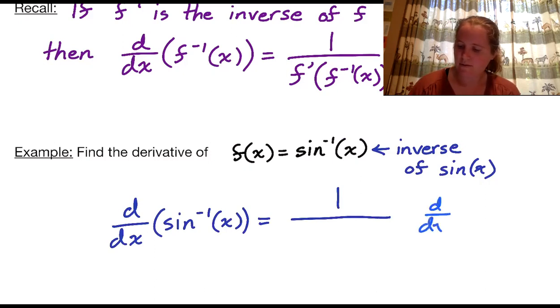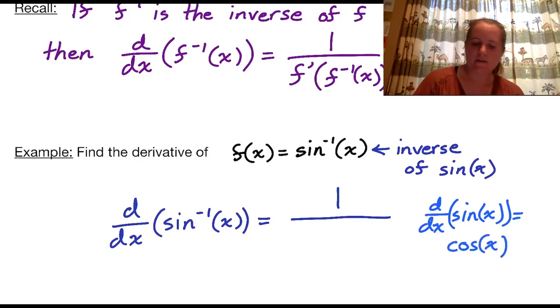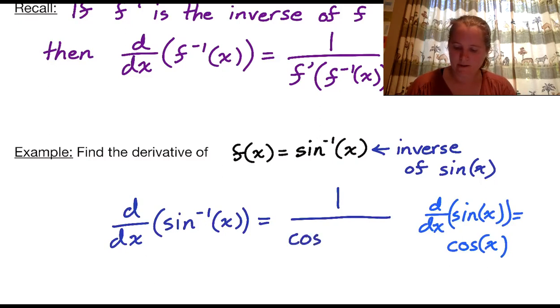So we're going to use the fact that the derivative of sine is cosine of x. So the derivative of sine, again, we would do cosine. And now we should evaluate it at sine inverse of x.